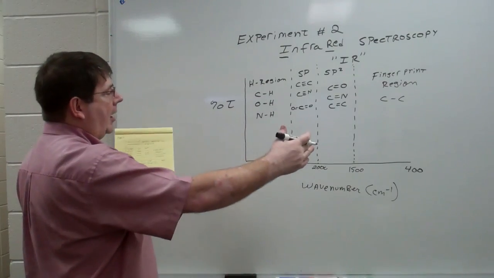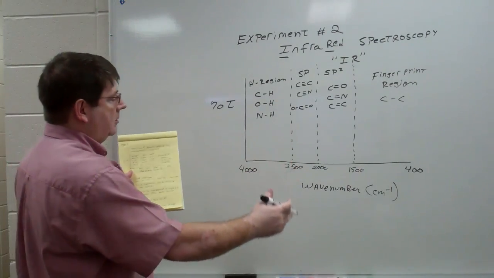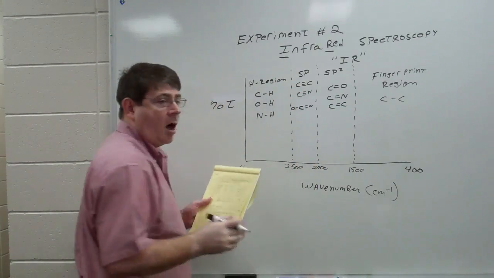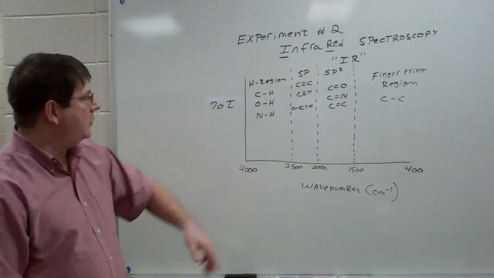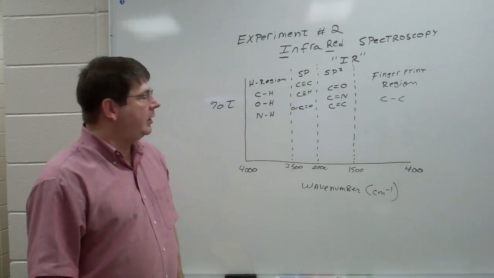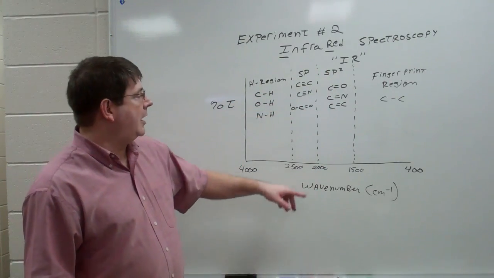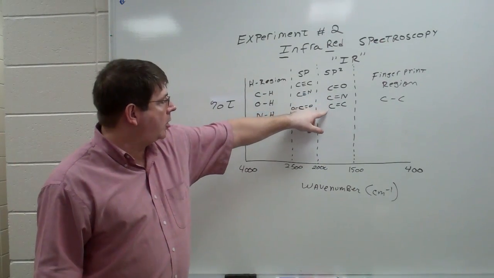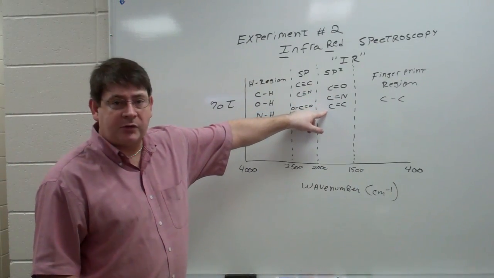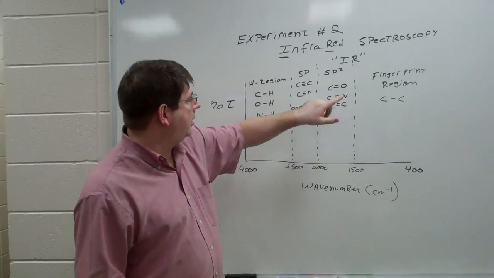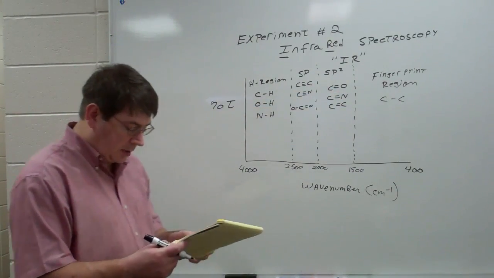So if you get your IR spectrum, print it out, look at it, 1,500, 2,000, 2,500, make lines there, all of a sudden you know a lot of information. If you see peaks appearing in this region, you know you've got something that's sp2 hybridized. You may not know right off the bat whether it's a carbon-oxygen double bond or a carbon-carbon double bond, but there are tables in your book that will allow you to pinpoint where each comes.